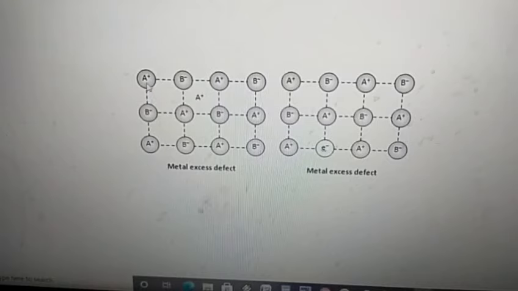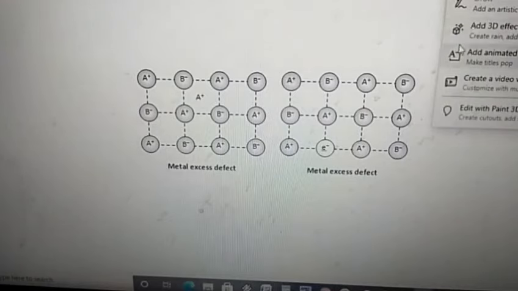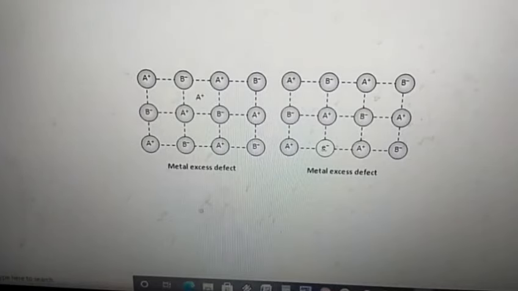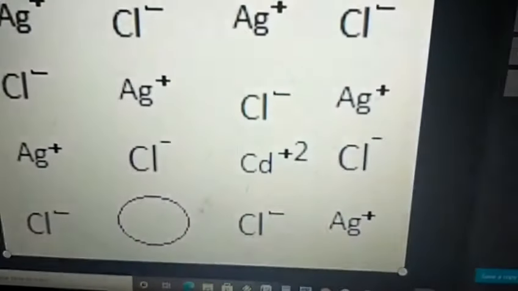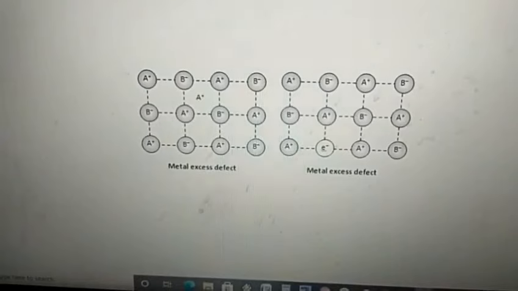Now consider A plus as sodium and B minus as chloride ion. This is the regular crystal. Here A plus is Na plus and B minus is Cl minus.